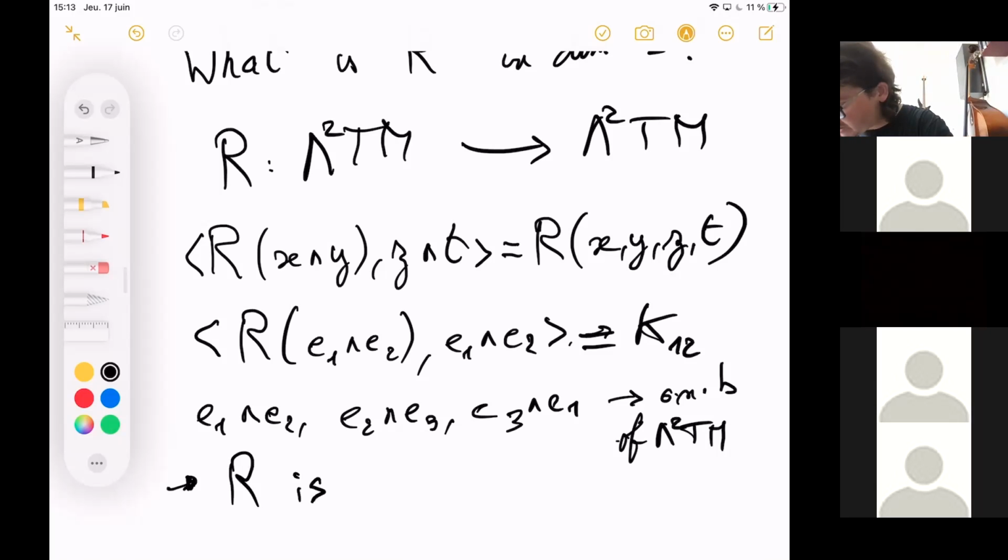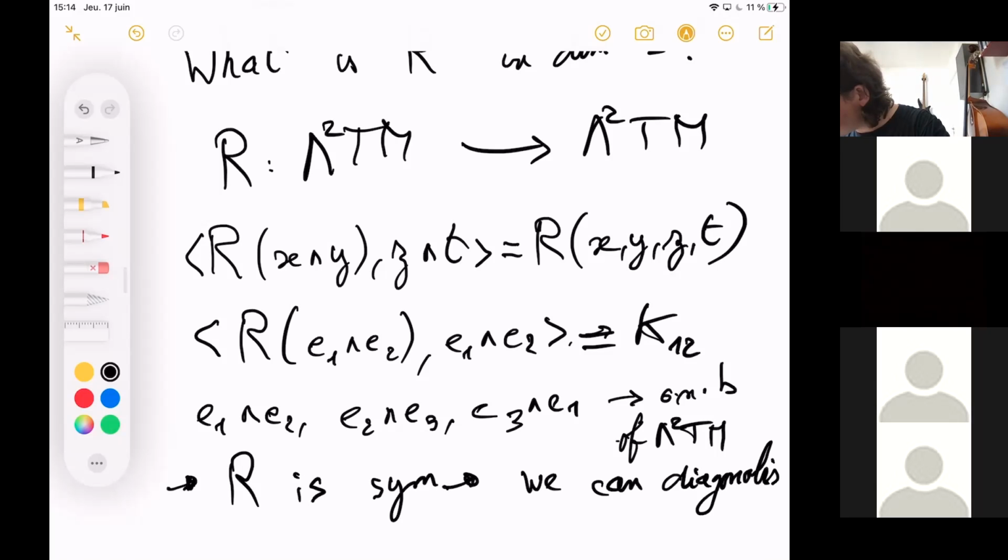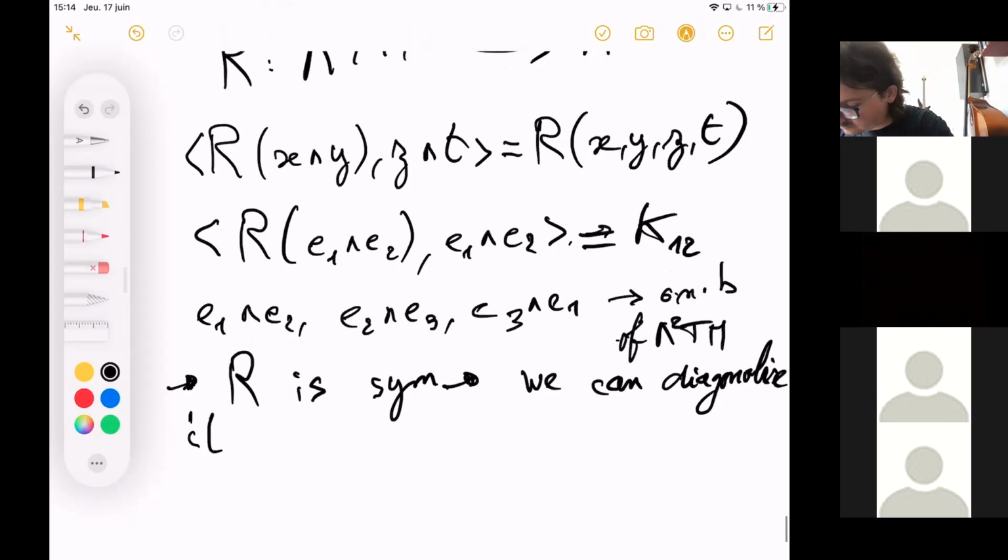R is symmetric, so that means that we can diagonalize it, with e1, e2, e3 as eigenvectors.